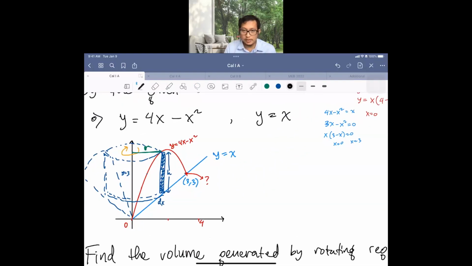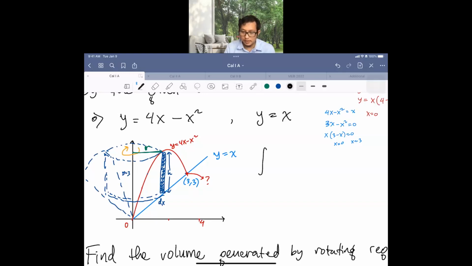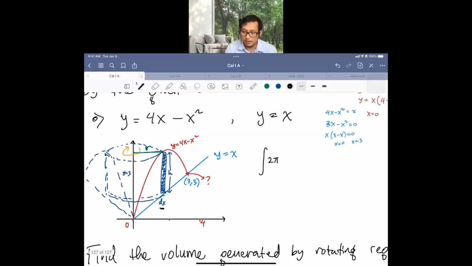Okay, maybe writing the integration, and then 2 pi. Now, what is the radius here? Because we are dealing with dx, we could say that this is our variable x for the radius. It could be any number, right? So we can say it's x, and then multiply with the height.